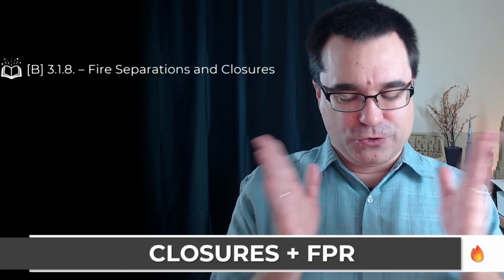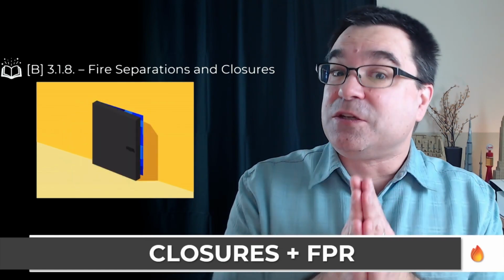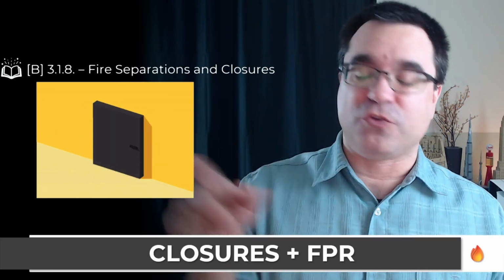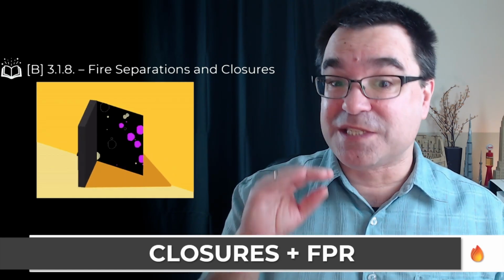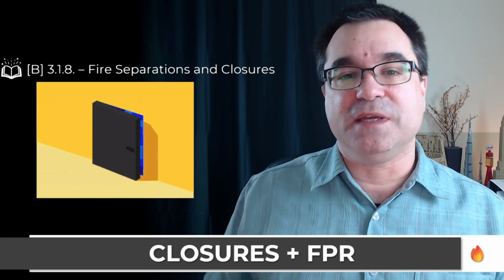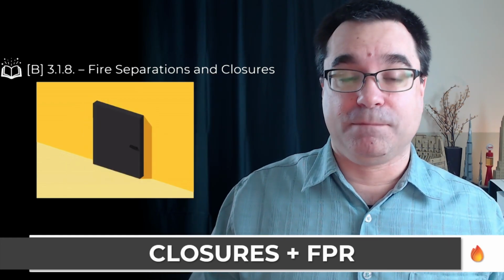For closures, remember closures from topic 11? For the purposes of this introductory course, we're going to look at closures as doors. But remember, from topic 11, it's not just doors, okay? Closures are covered in a slightly different portion of Part 3. They're under subsection 3.1.8 in Division B, okay?